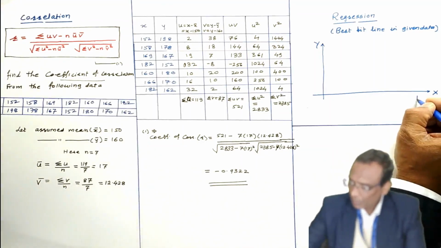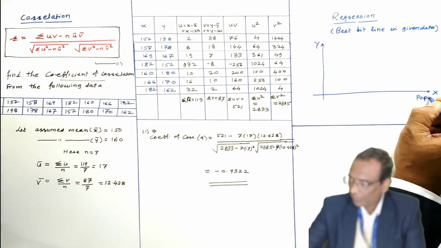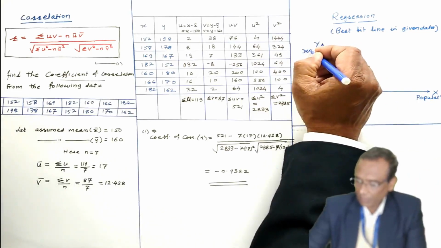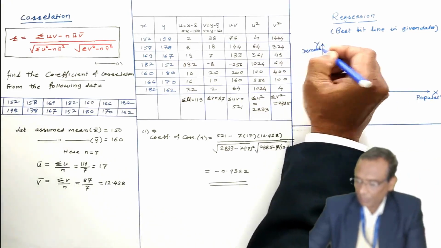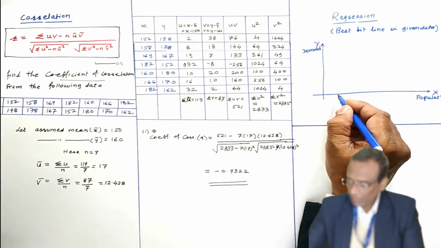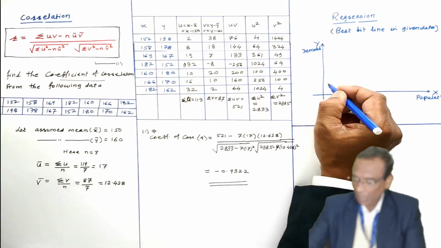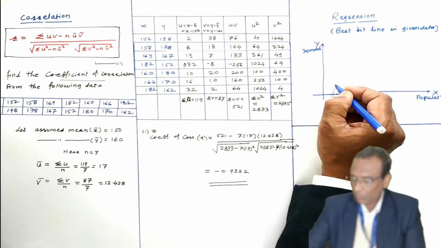Suppose this is the population and this is the demand for food. In 2000, the population was 100 crore and the demand was 2000 metric ton.